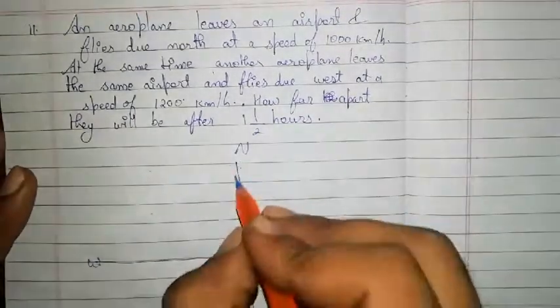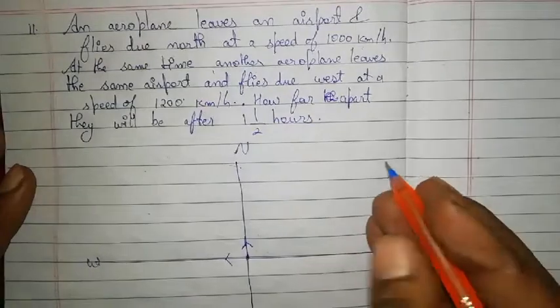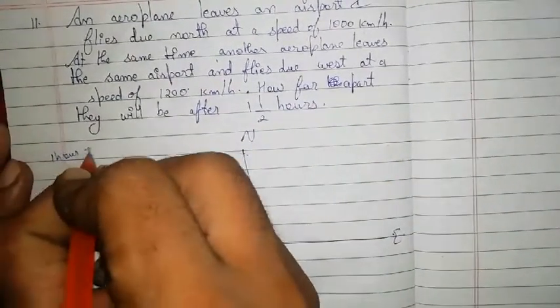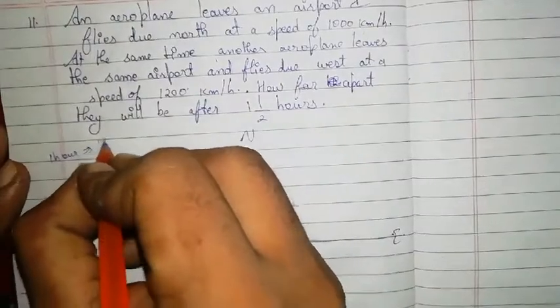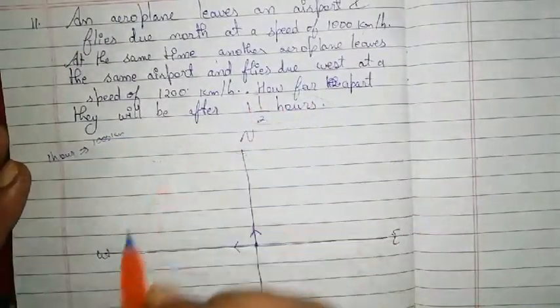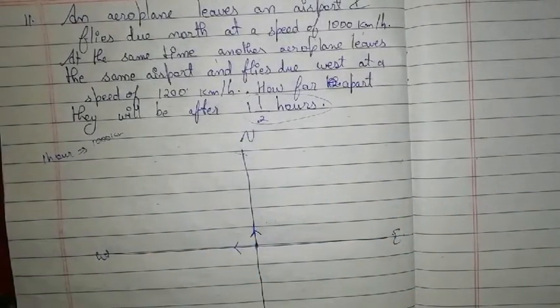The aeroplane going north is flying at a speed of 1000 kilometer per hour, okay? Means in 1 hour it is covering a distance of 1000 kilometer, and we have to check how far apart they will be after 1.5 hour.